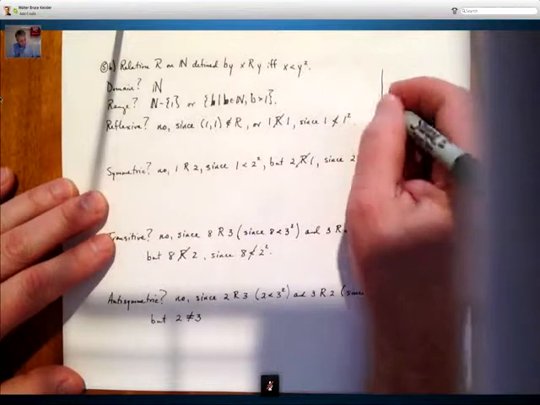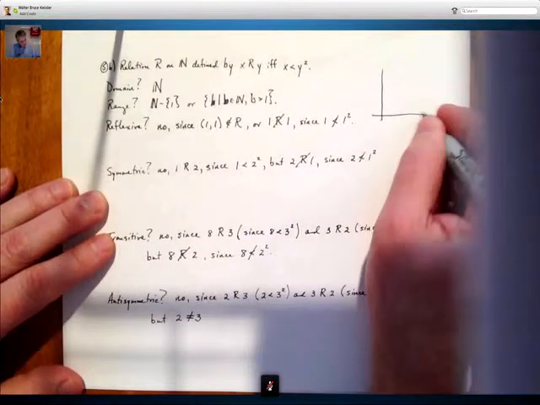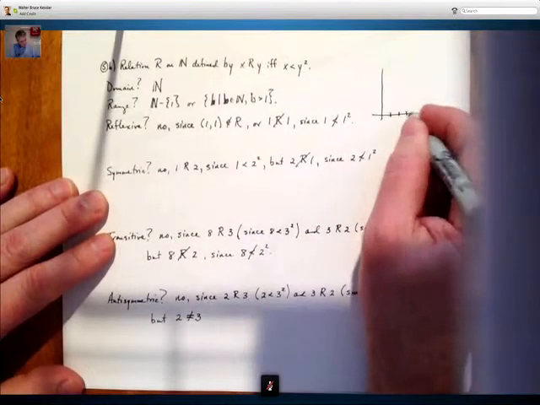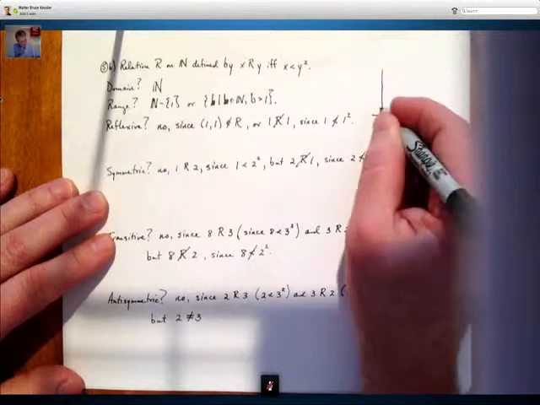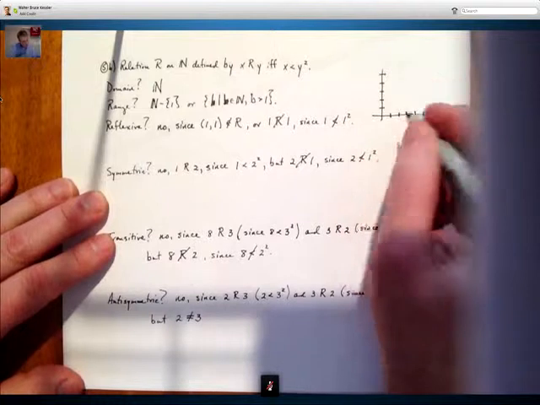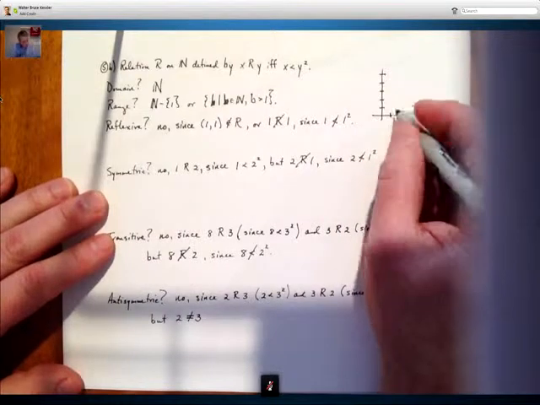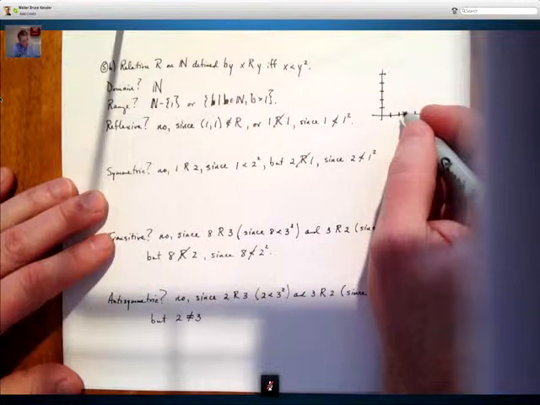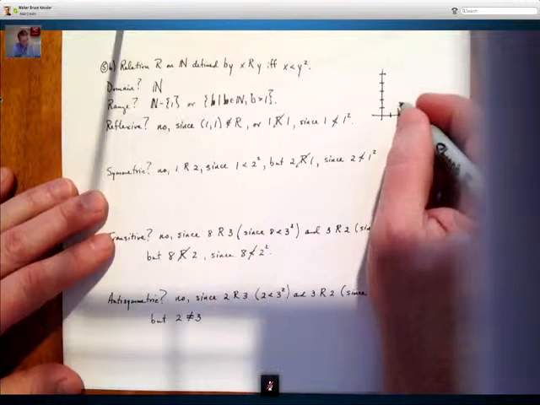So if we were to draw this, and I do want to take just a moment and think about what this would look like. 1, 2, 3, 4, 5. 1 we said was not on there, right?